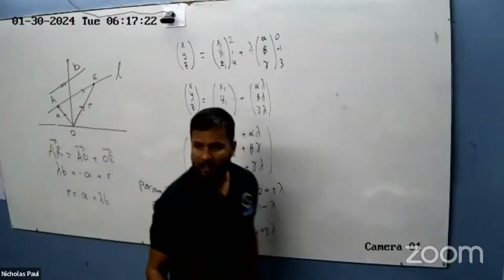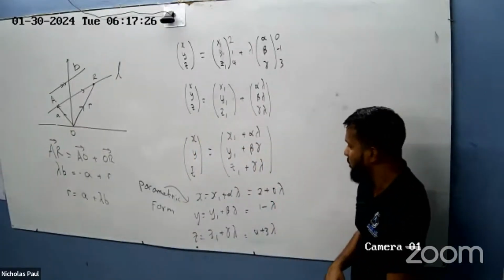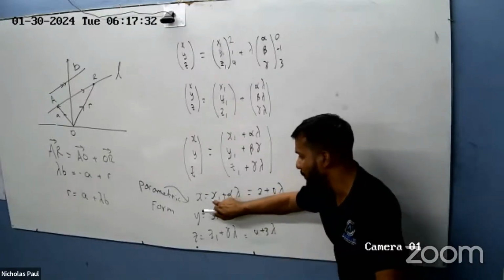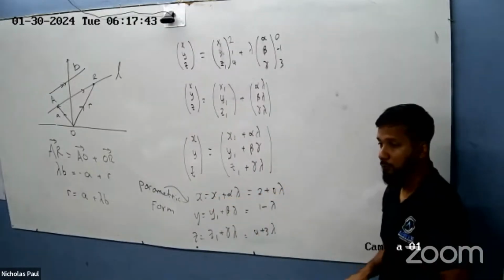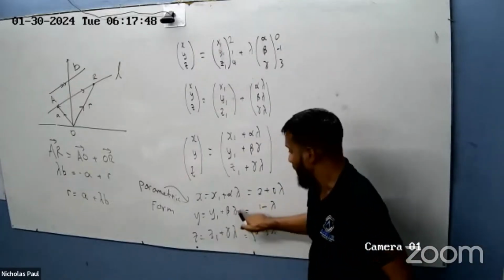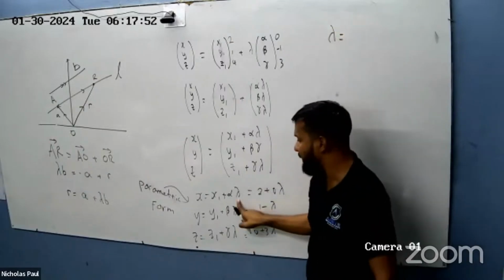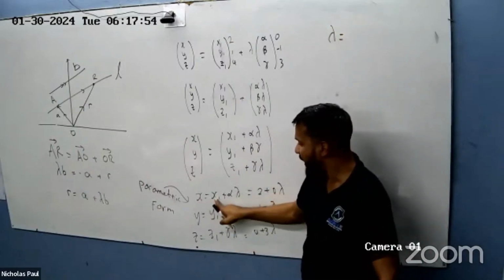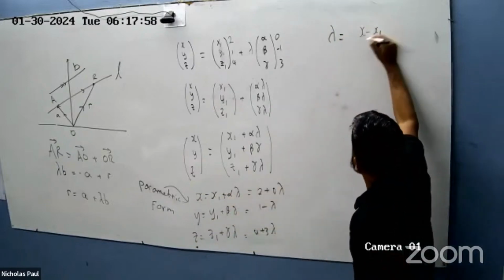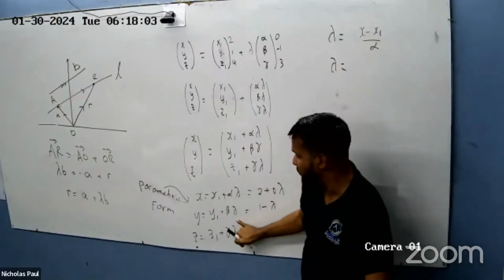How do I now get the Cartesian form? The Cartesian form has no lambda. What would I do? Can I make lambda the subject everywhere? If I make lambda the subject here, what will I get? X minus X1 over alpha. If I make lambda the subject here, what will I get?